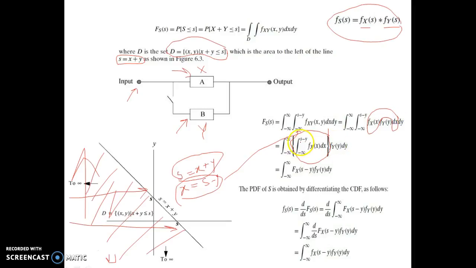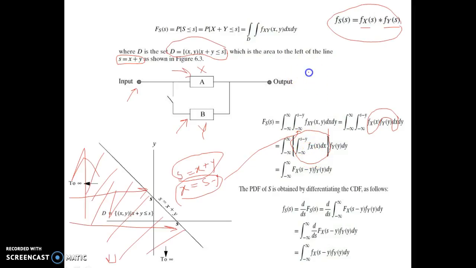The idea is the integration from minus infinity to s minus y of f of x dx. This is called changing the order of integration. We can do this, and it will still work. This is the integration of the PDF of x from minus infinity to s minus y.